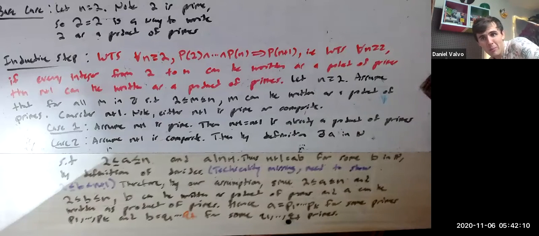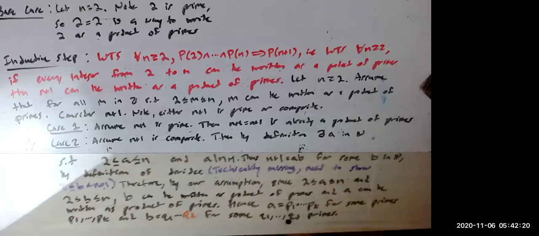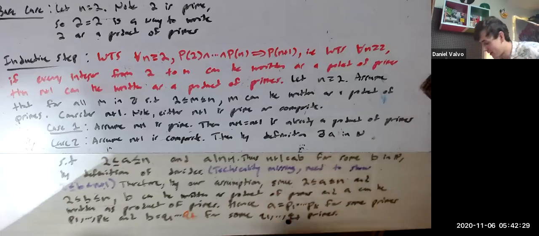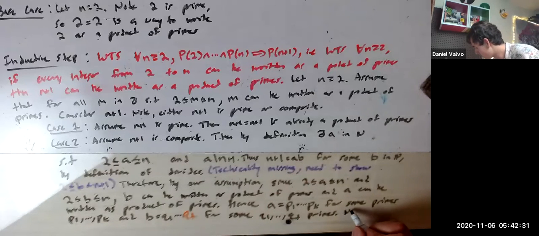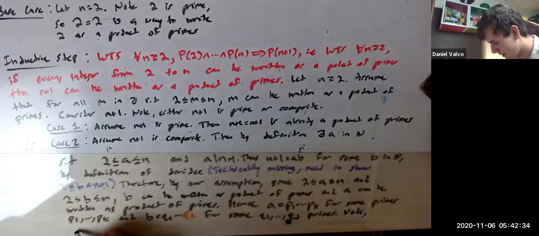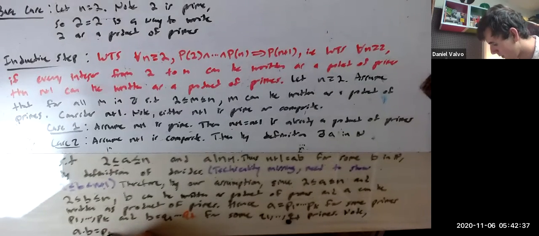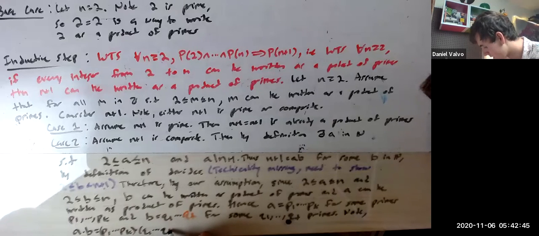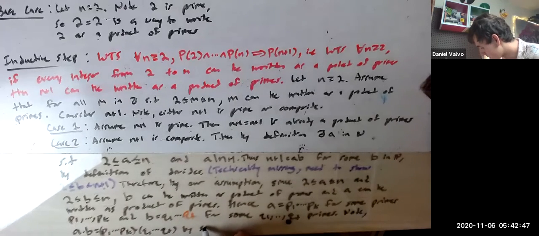So how can we use it to show that N plus 1 is a product of primes? Is it just that the product of A and B is also a product of primes? Yeah, we know N plus 1 equals A times B. And so then just note A times B equals P1 through PK times Q1 through QT by substitution.